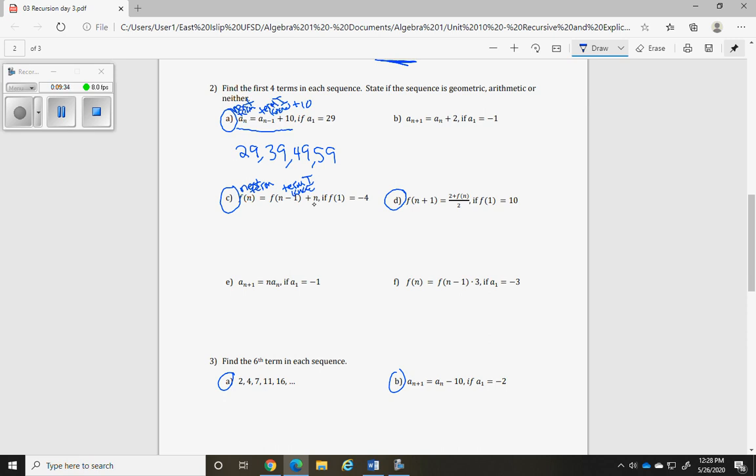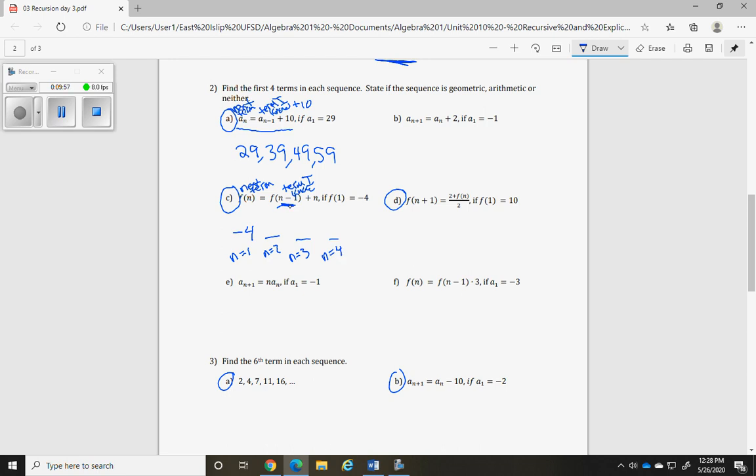I'm adding on what comes after the term I know. I'm adding on the n that comes after the term I know. So I know -4. I know that this is when n is 1. The next one will be when n is 2. The next one when n is 3. And the next one is when n is 4.